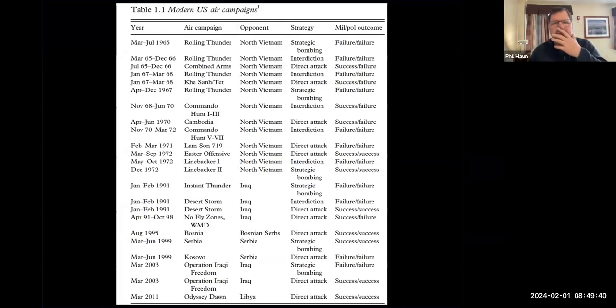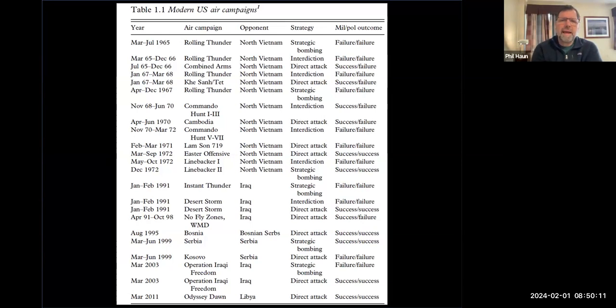Here I list what I call the modern U.S. air campaigns since the rise of modern air warfare. And if you can see, there's 23 cases here. 11 of them occur during Vietnam. A modern U.S. air campaign is against an opponent that has an integrated air defense system that can contest, at least on paper, air superiority.